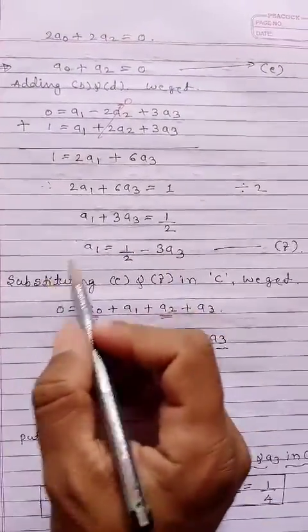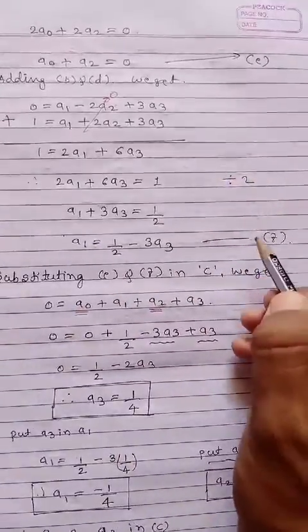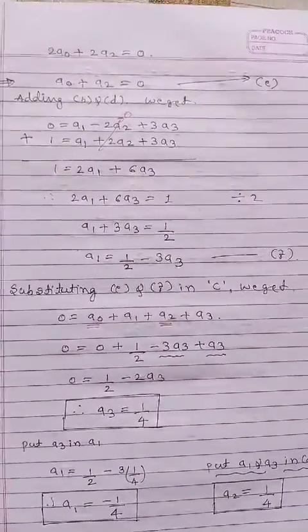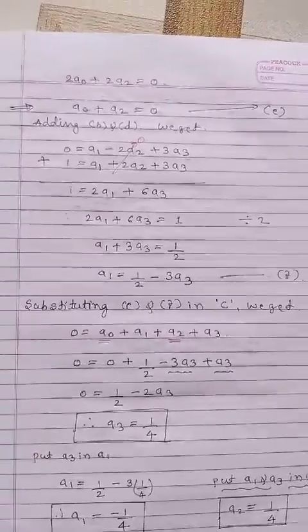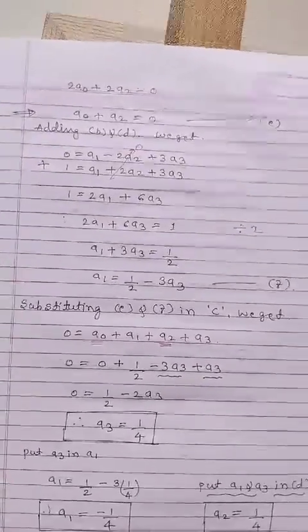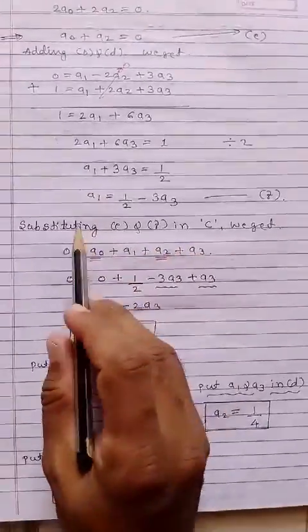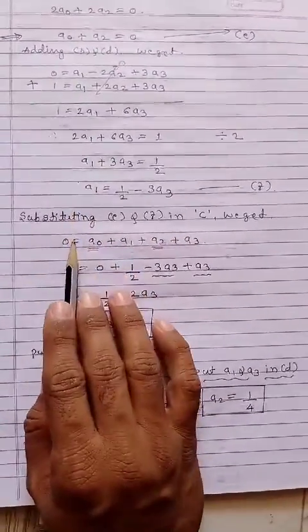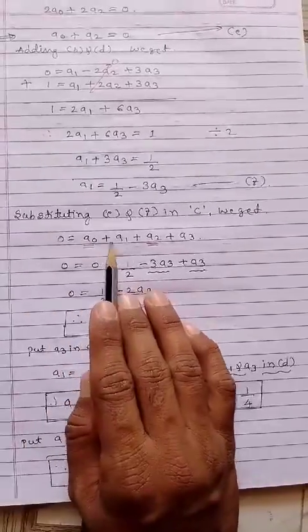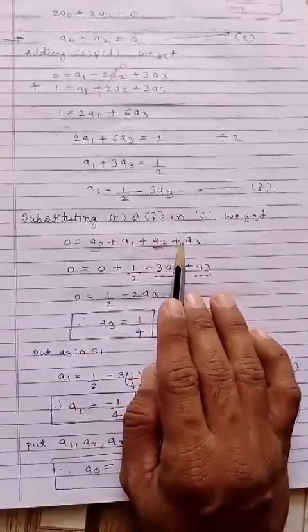Now substitute the values of equations E and F in equation C. So equation C is 0 equal to A0 plus A1 plus A2 plus A3.